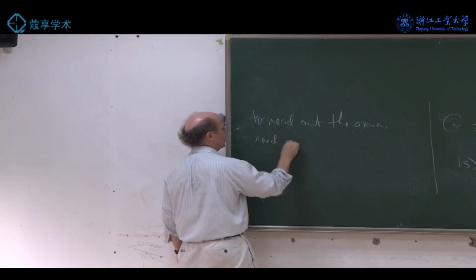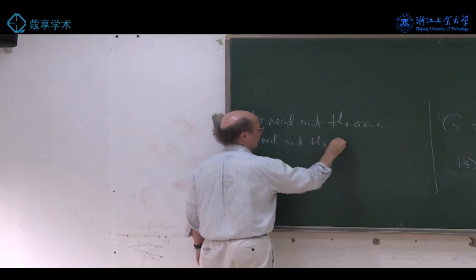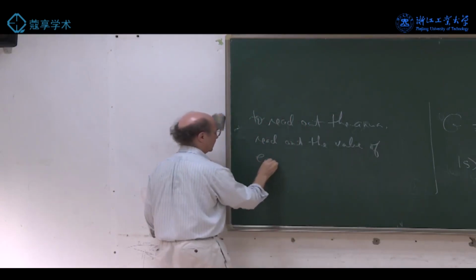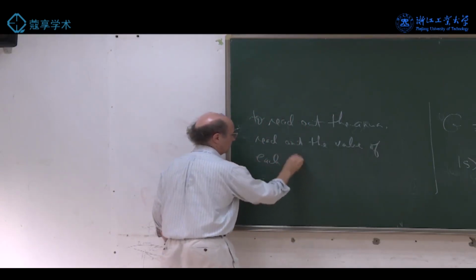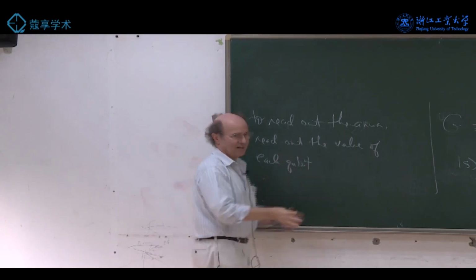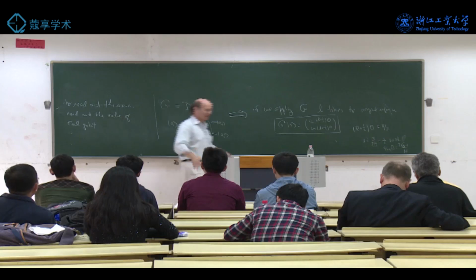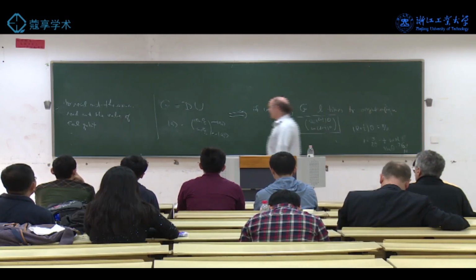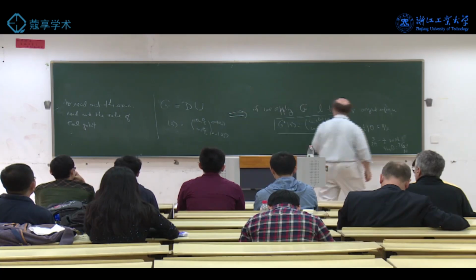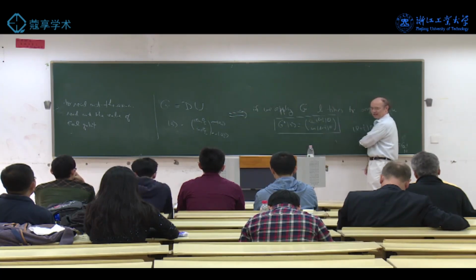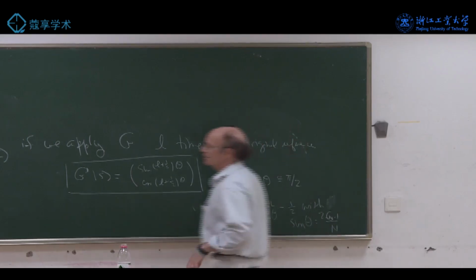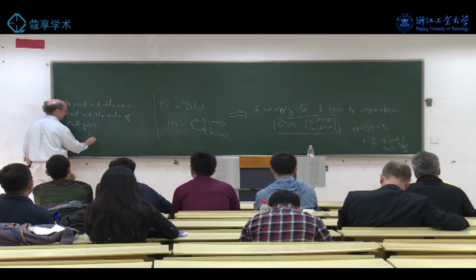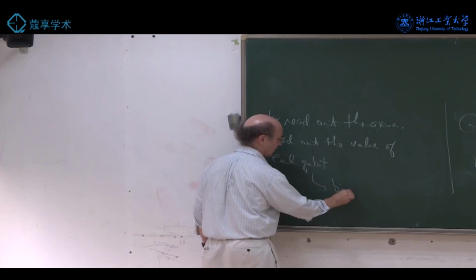You read out the value of each qubit, so it's n separate measurements, little n separate measurements. And with high accuracy, because we've produced the number state A0, these measurements will read out the binary expression of A0.